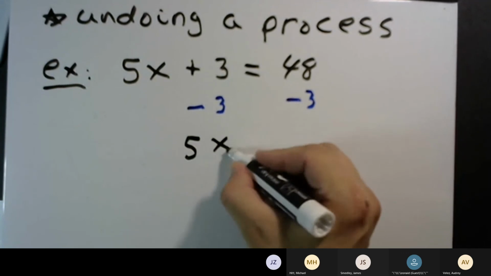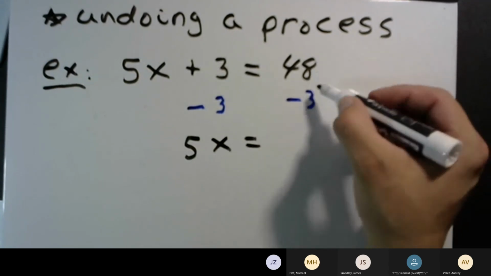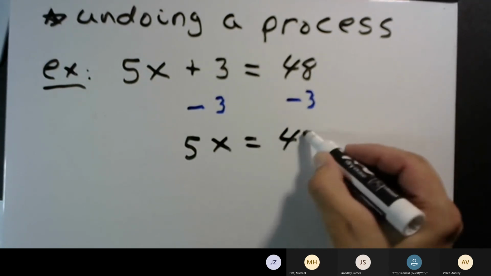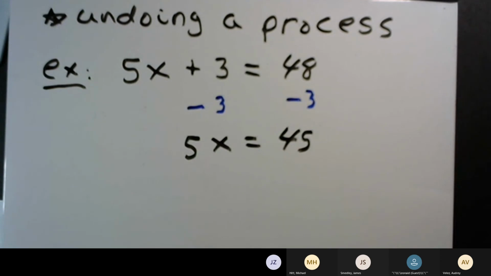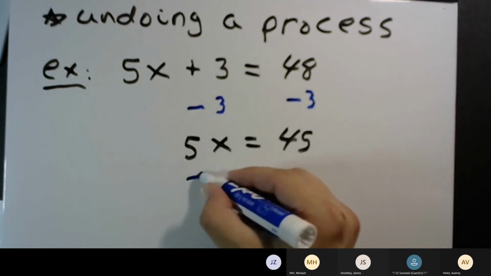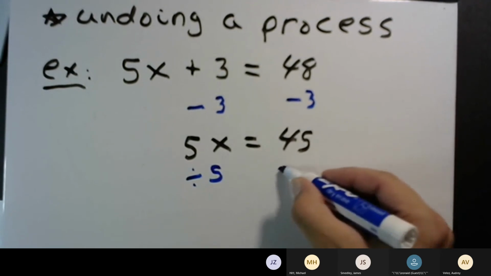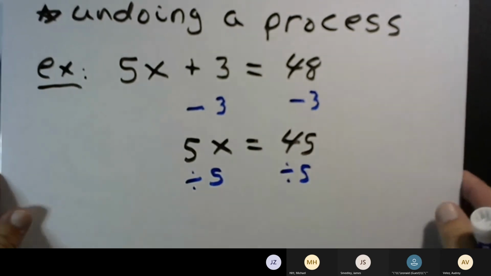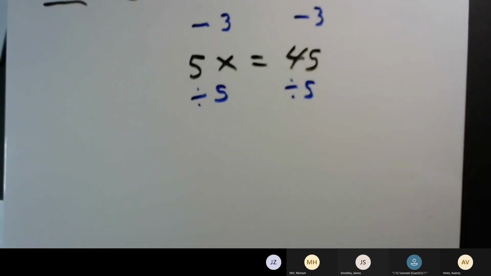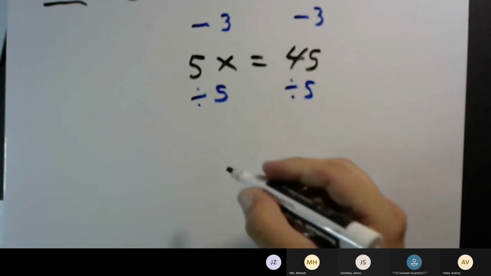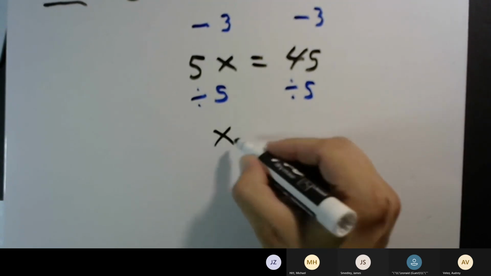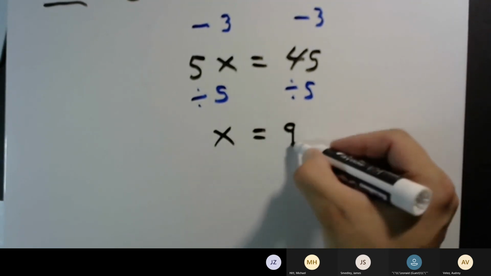And that's going to give us 5x equals, and then 48 minus 3 is 45. And then we cancel the division by 5. We're going to get x equals 9.